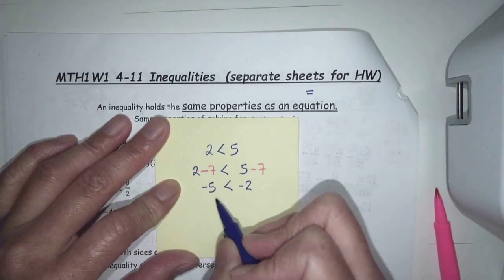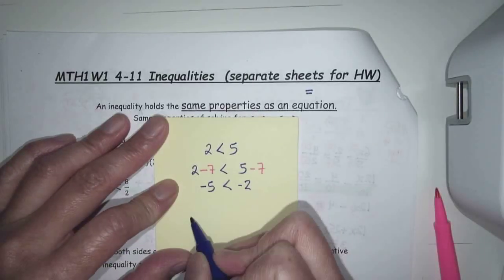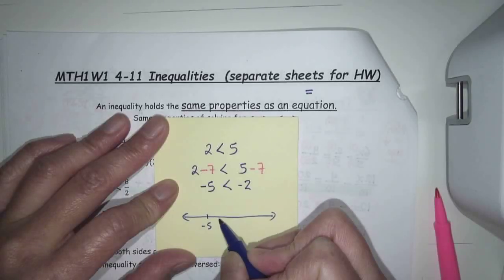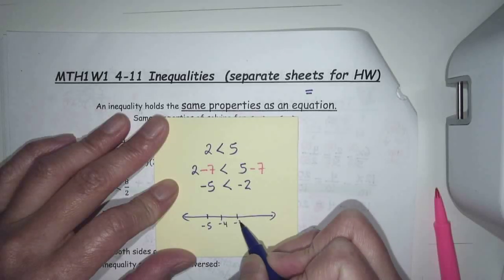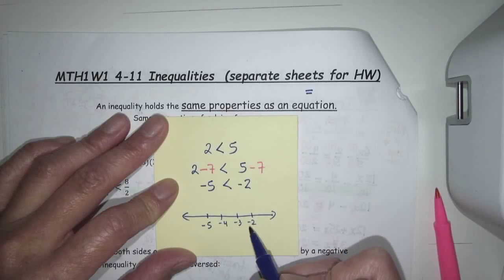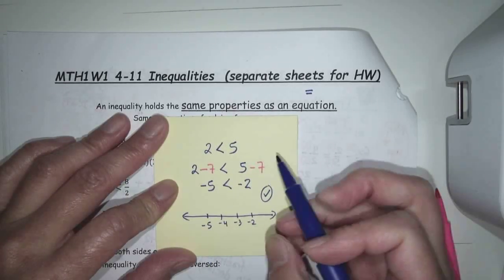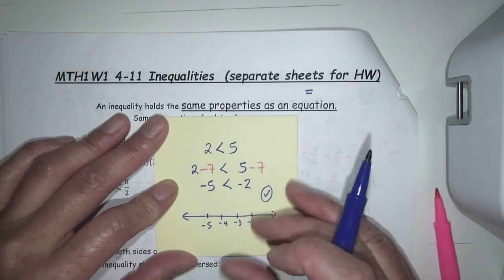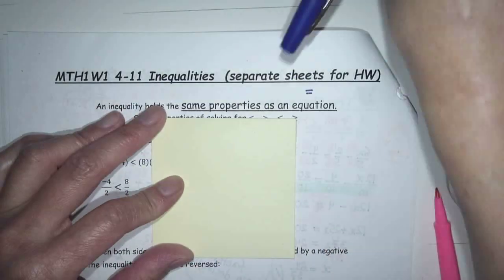Is negative 5 less than negative 2? When you think of the number line, you've got negative 5, negative 4, negative 3, negative 2. Yes, negative 5 is less than negative 2, so this is still true, as it was in the beginning: 2 is less than 5. So you can see an inequality works the same way as an equation.